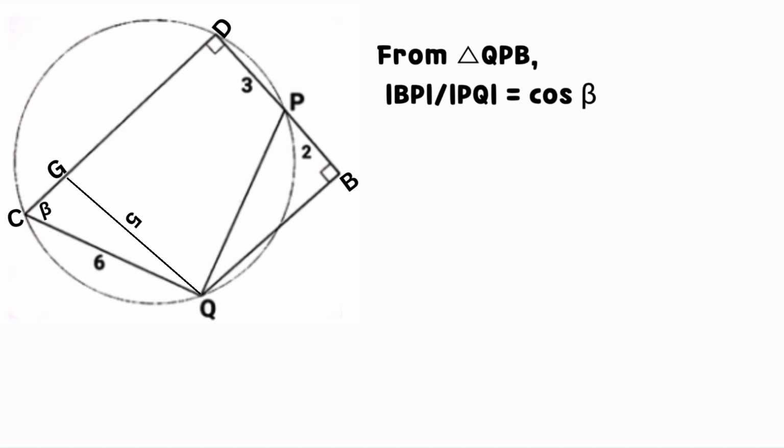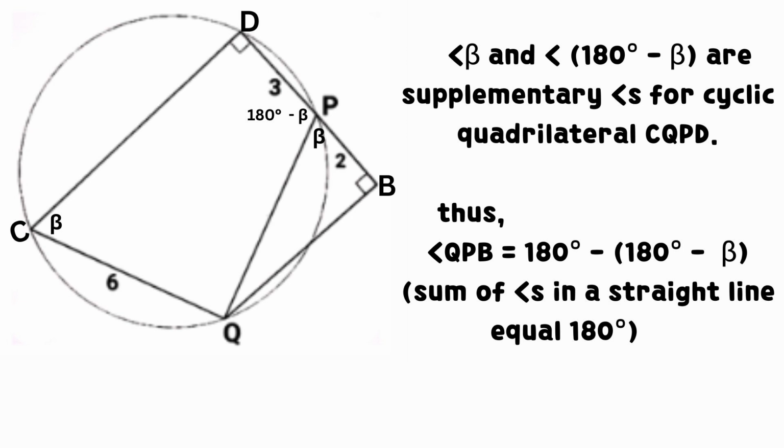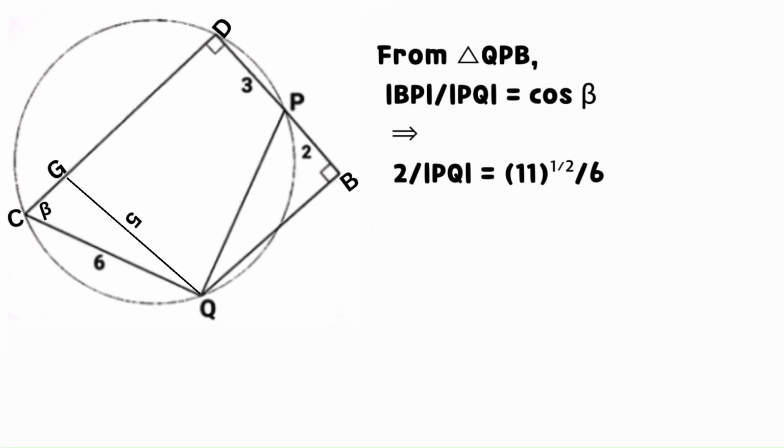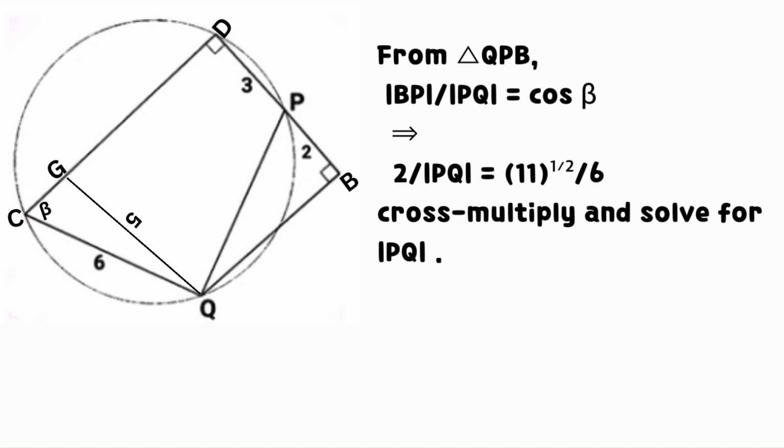Thus, cosine beta equals the square root of 11 divided by 6, which we call equation Y. See how we got angle beta of triangle QPB. From triangle QPB, the ratio of line BP to line PQ equals cosine beta.